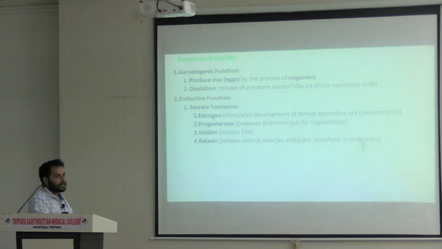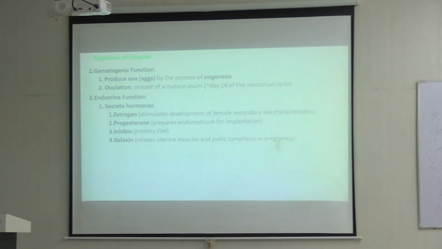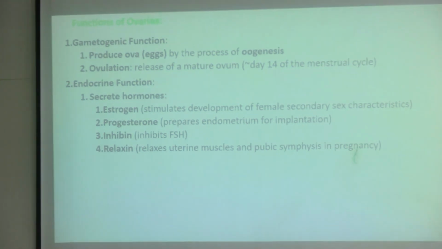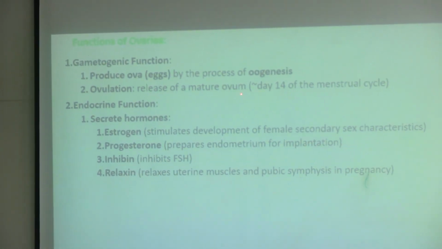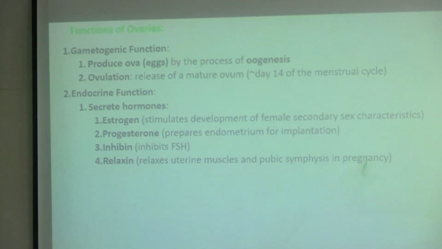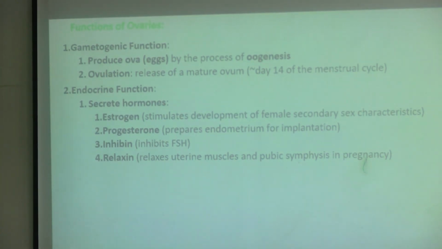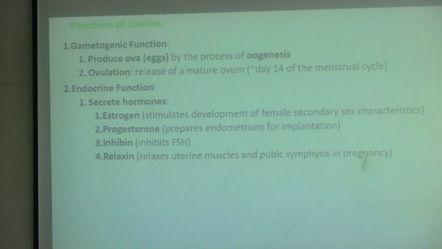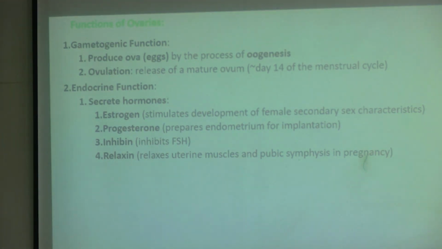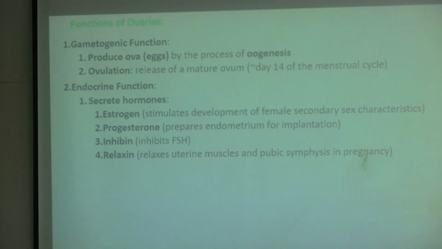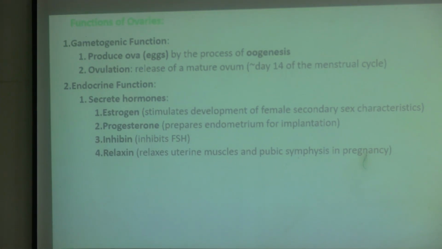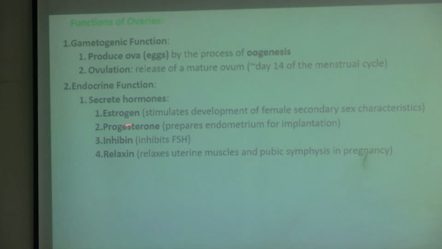Another important thing is ovulation, and during the ovulatory period there is a release of mature ovum, mainly on the 14th day of the menstrual cycle. These parts also have an endocrine function, because they secrete some endocrine hormones. What are the most important hormones secreted? These are estrogen, progesterone, inhibin and relaxin, and all those hormones are functionally different.